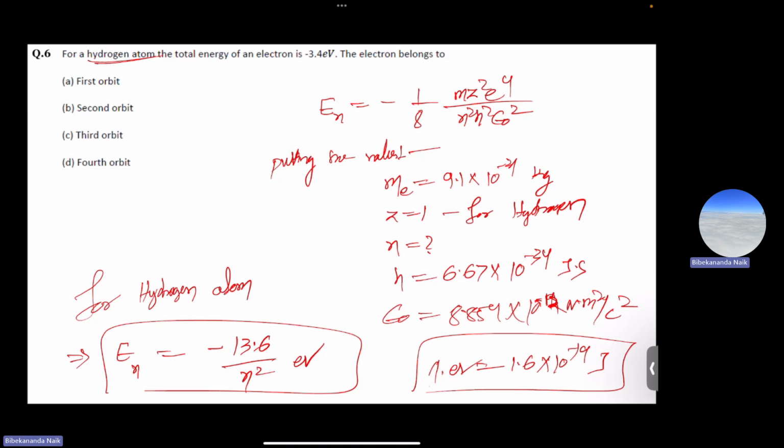So the energy of electron in a hydrogen atom at the nth orbit is given by minus 13.6 by n square electron volt. If we put the value of n equal to 1, then E1 at the ground state will be minus 13.6 divided by 1 square, which will be minus 13.6 electron volt.